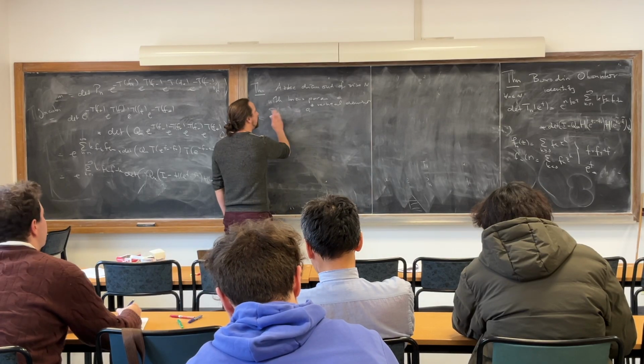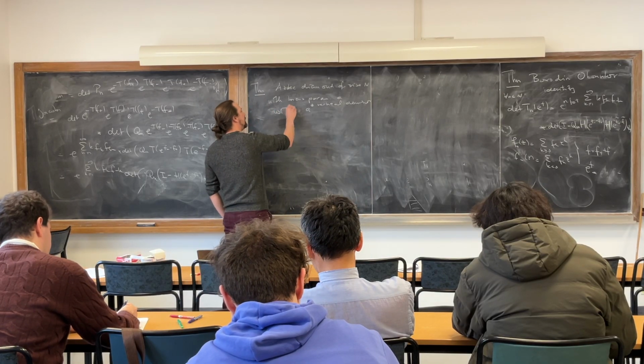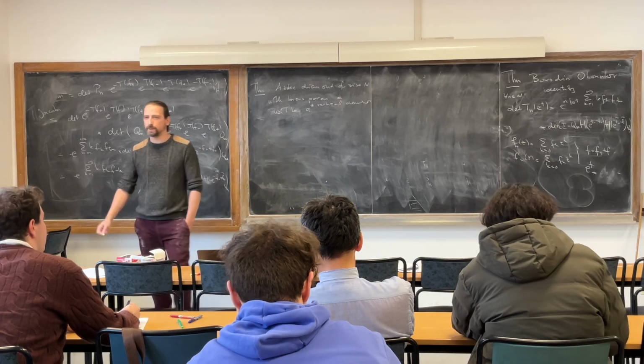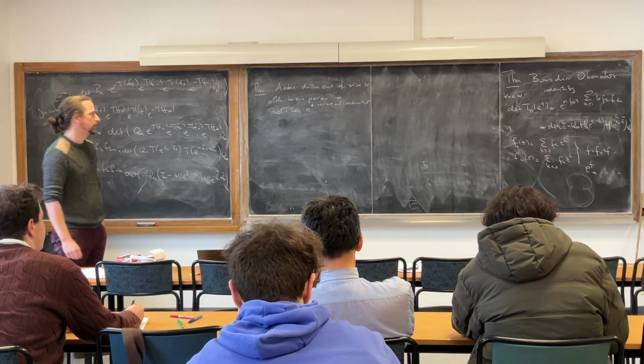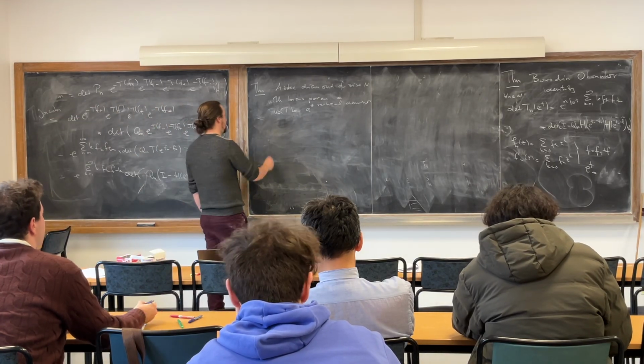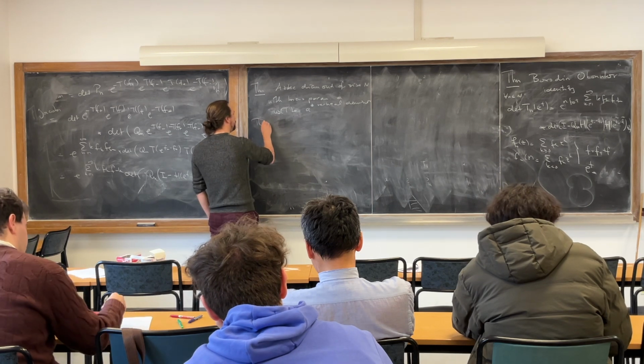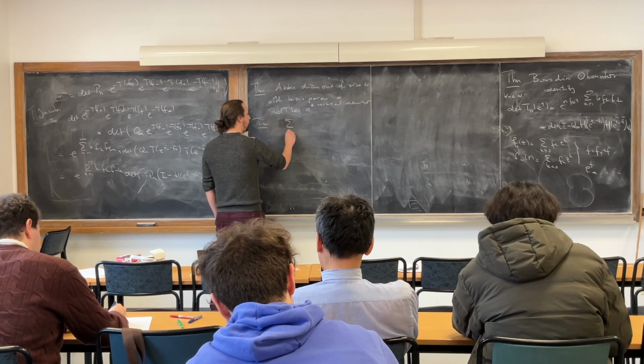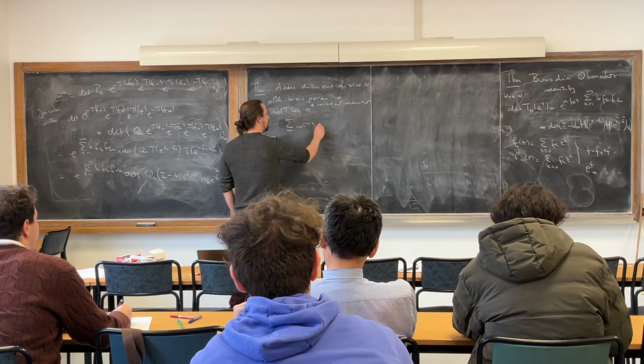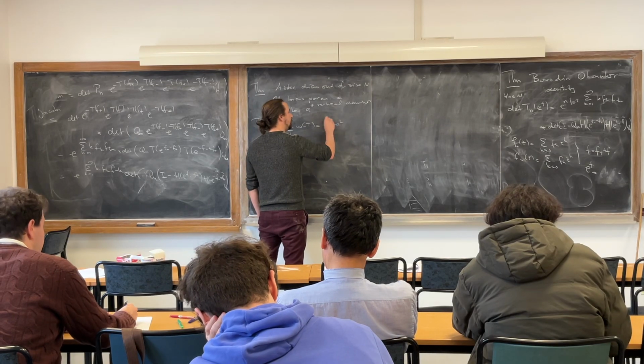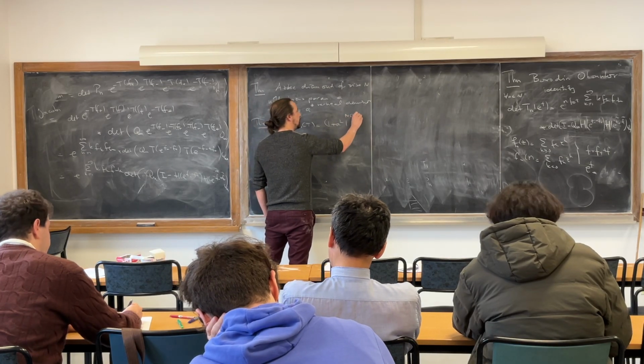So let's give the weight of a tiling to be like this. And I claim then the sum over all tilings will be 1 plus a squared to the n times n minus 1 over 2.